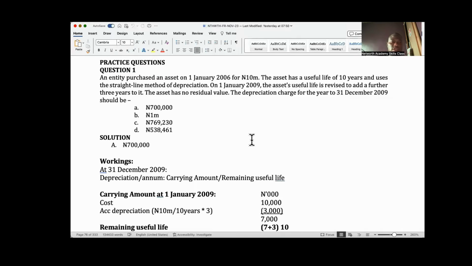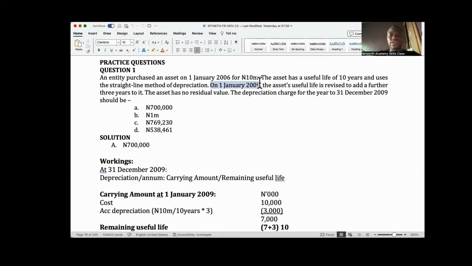So let's see. The first question says that an entity purchased an asset on 1st January 2006 for 10 million. The asset has a useful life of 10 years and uses the straight line method of depreciation.